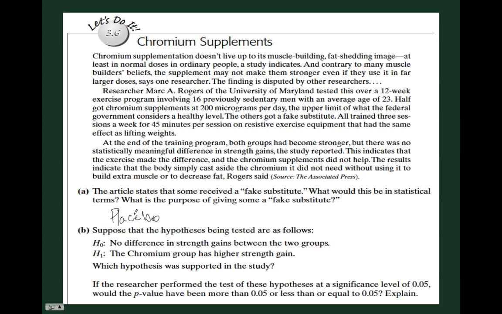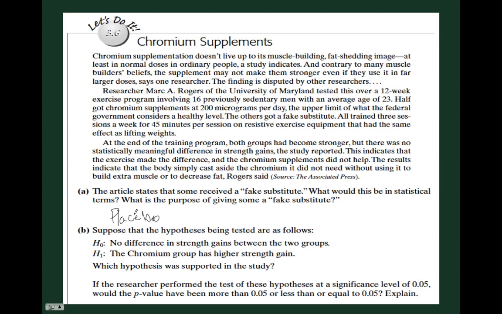In this last paragraph, what we notice is that there was no statistically meaningful difference. And I think the way we interpret that is the data was not significant. Therefore, the null was not rejected.